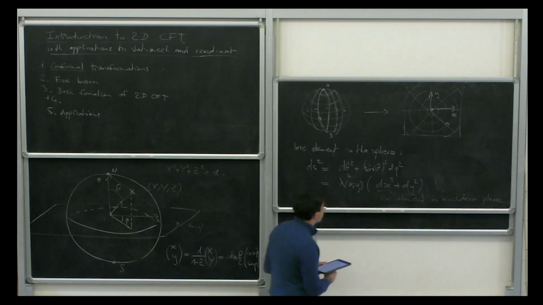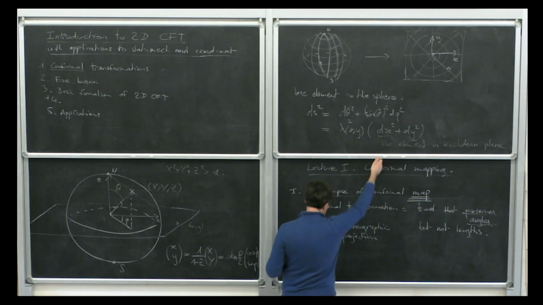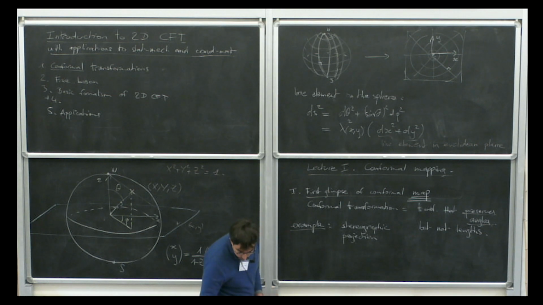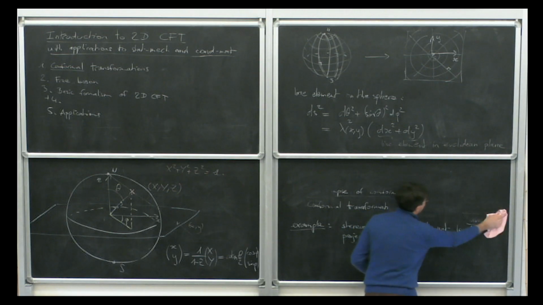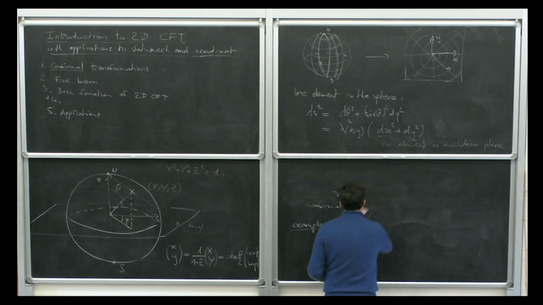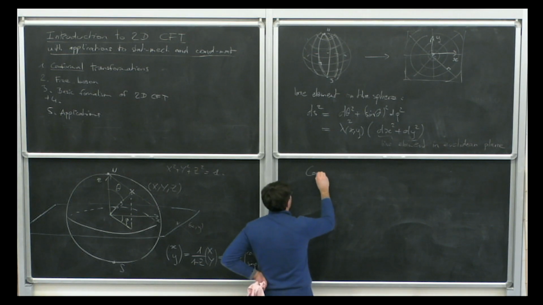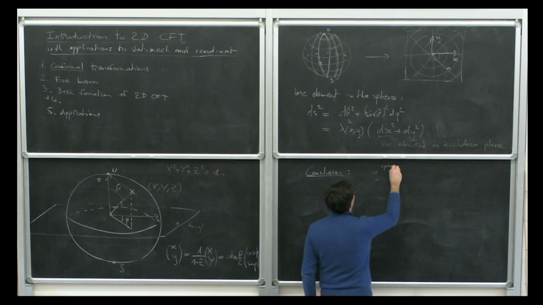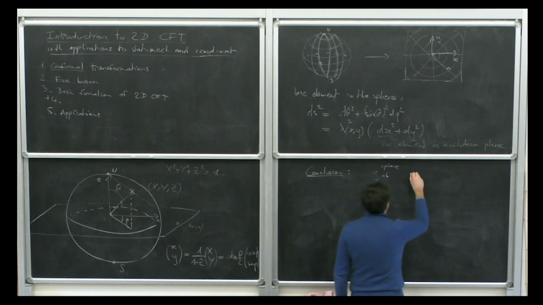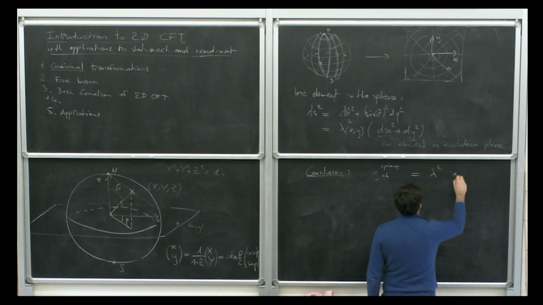So the conclusion that you draw from this is that the metric on the sphere is proportional to the metric on the plane, up to some scaling factor. The metric on the sphere, which has two indices, is lambda squared times the metric in the plane.